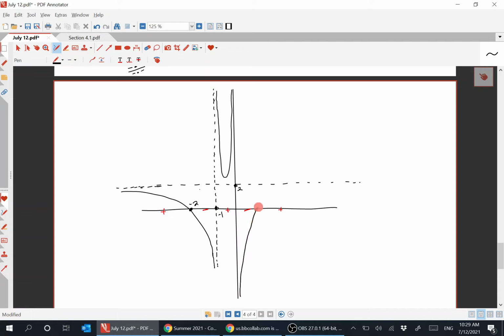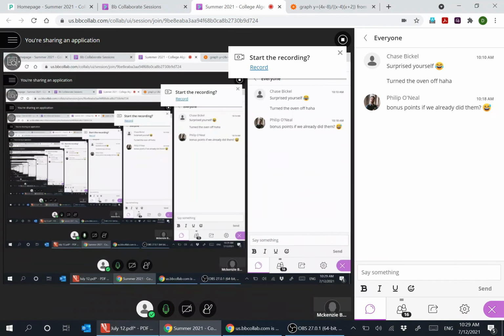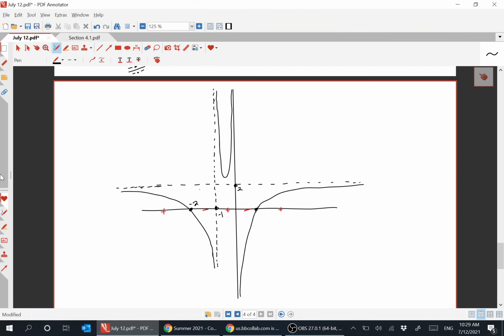Again, intersecting the y-axis there, and then hugging the horizontal asymptote like that. All right, so there it is.